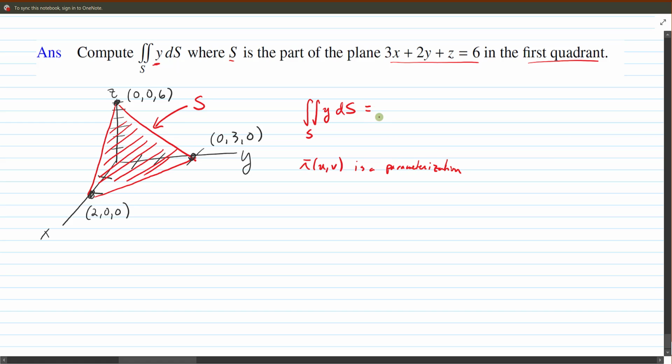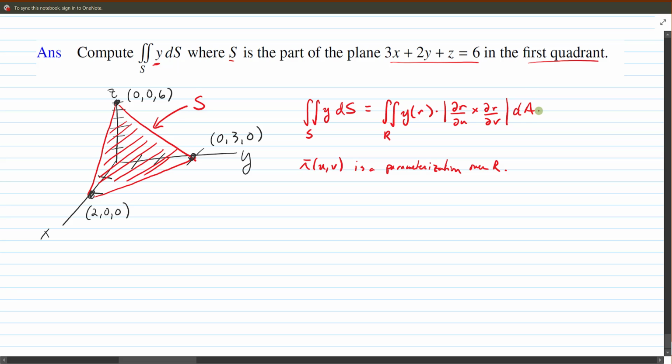Then we can take this surface integral and think of it instead as just a standard double integral over R, where that's the region that our parameterization is over. We could write y as a function of r, and then we multiply that by the magnitude of partial r partial u crossed with partial r partial v dA.